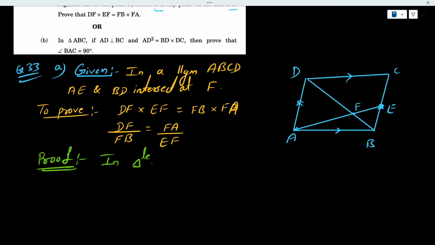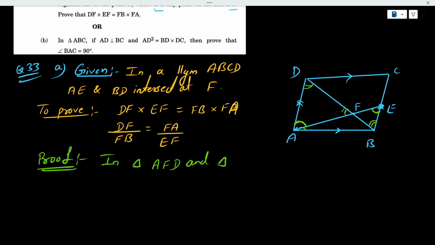In triangle AFD, and triangle, you don't need to mention this, you can just put the triangle symbol, AFD and triangle EFB. Now if I want to see the correspondence, I know alternate interior angles are equal, so this angle is going to be equal to this, and this angle is going to be equal to this, because alternate interior angles.